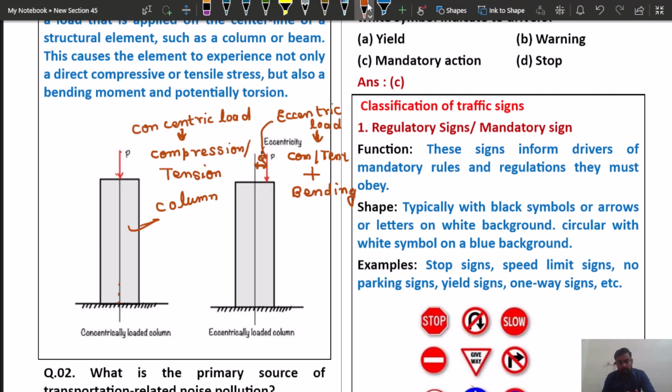So this will produce a combined effect of bending stress as well as tension or compression.